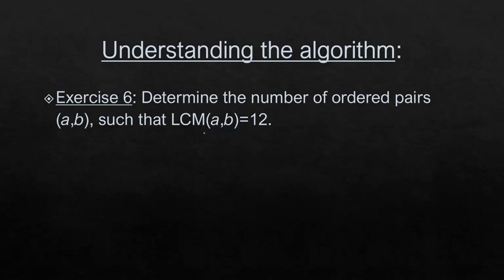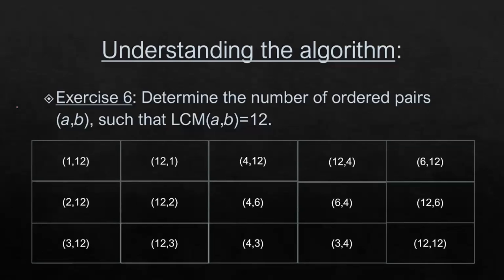To give you just the gist of the algorithm, our goal is to figure out all of those pairs here. We want to figure out all of those pairs that have a specific least common multiple. And as you can see, here we have just listed all of those pairs.